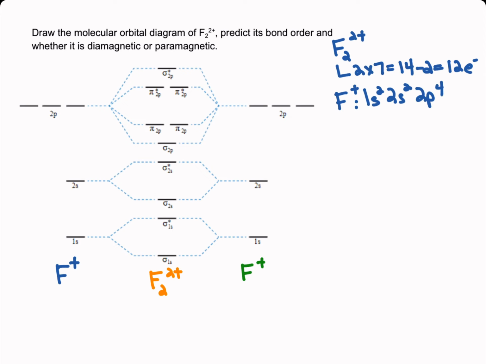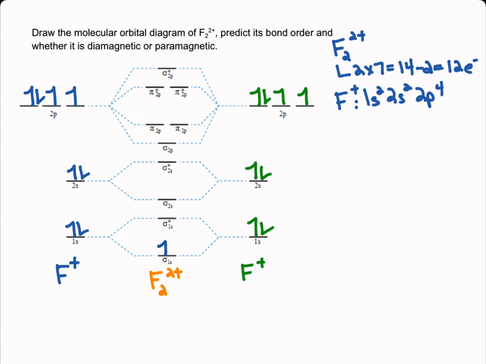I'm going to go ahead and draw out the electron orbital diagram: 1s2, 2s2, 2p4. And on the right, 1s2, 2s2, 2p4. I'm going to go ahead and pull an electron from the left and an electron from the right and put it in the middle.